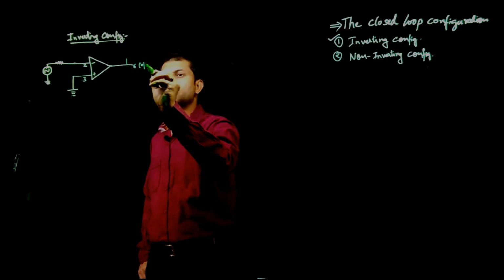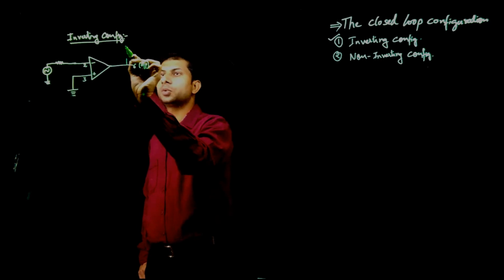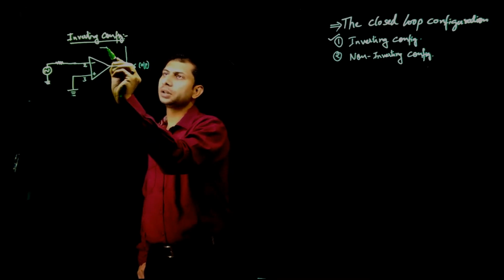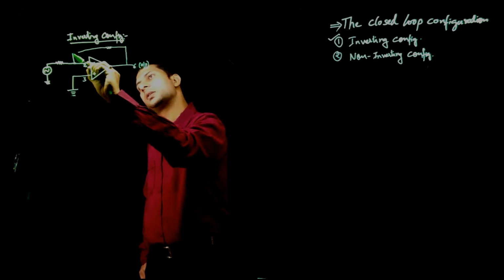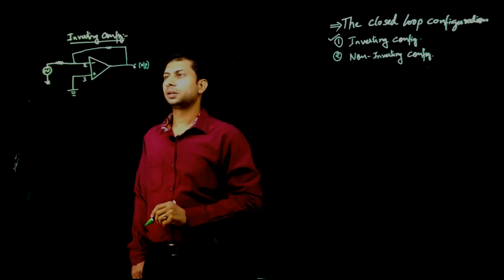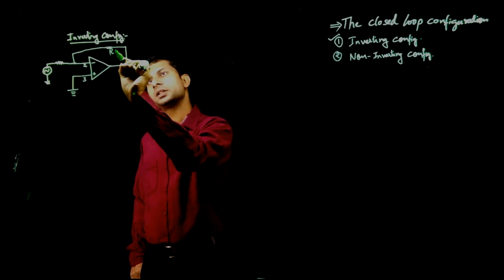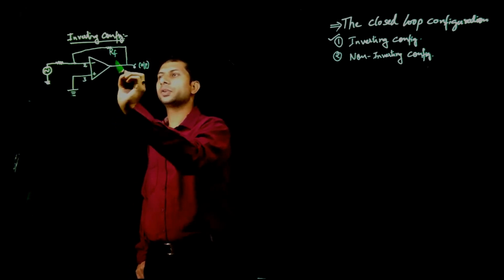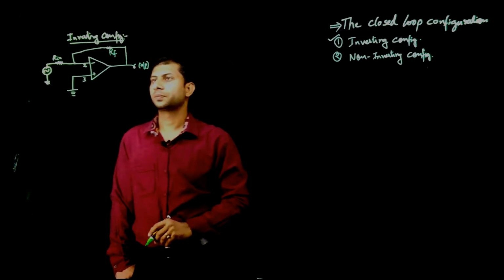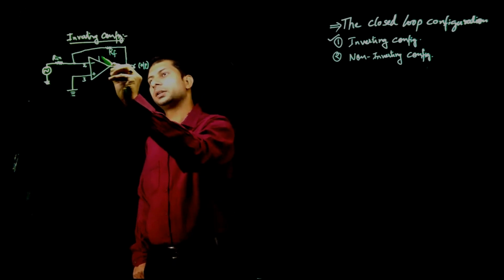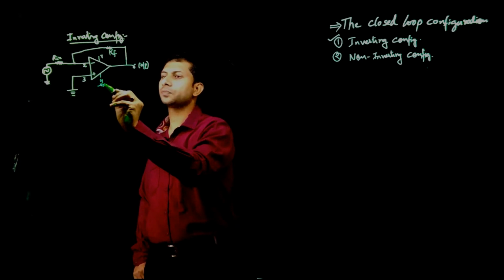Here we get the output, and this output is fed back to the input terminal 2 through a resistance, which we take as RF. F stands for feedback, and we take this as RIN. And these are VCC and minus VEE.